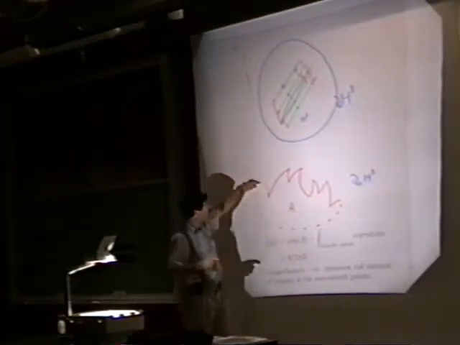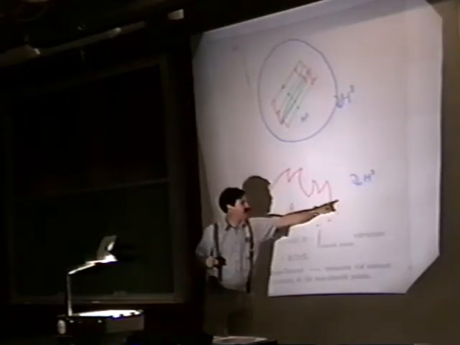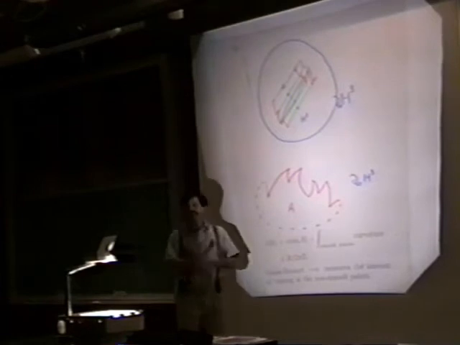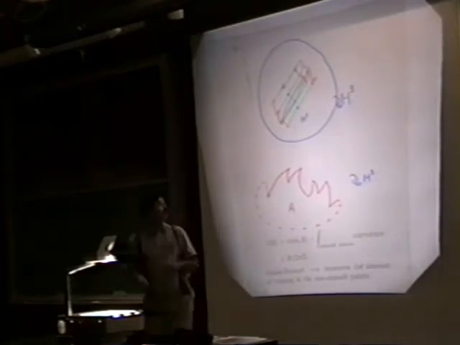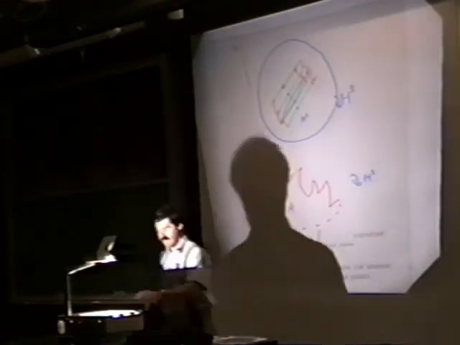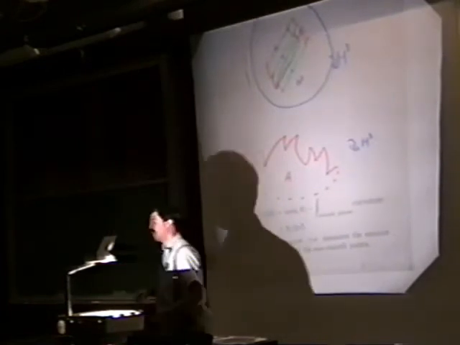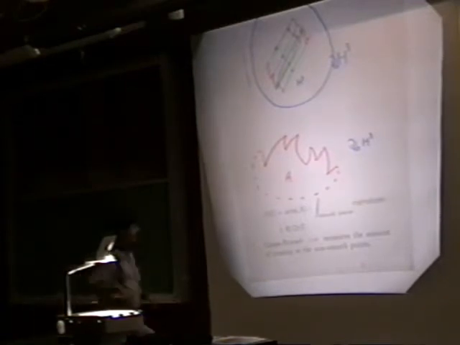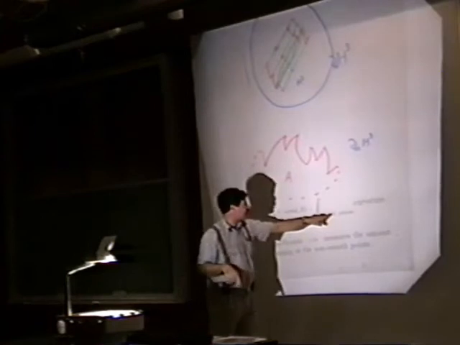And you connect the two ends by a smooth curve like this, and then you try to remember what the Gauss-Bonnet formula tells you. The Gauss-Bonnet formula tells you that when you have a closed curve, you look at the amount of turning along that curve, and then you integrate the curvature.